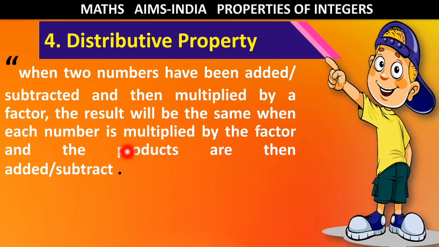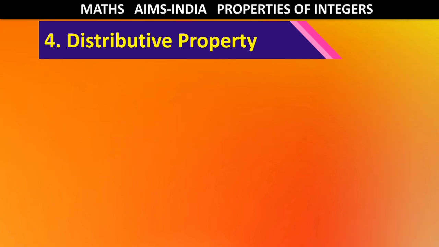When two numbers have been added or subtracted and then multiplied by a factor, the result will be the same when each number is multiplied by the factor and the products are then added or subtracted. This sentence might feel a little complicated, but in actuality the meaning is quite simple.